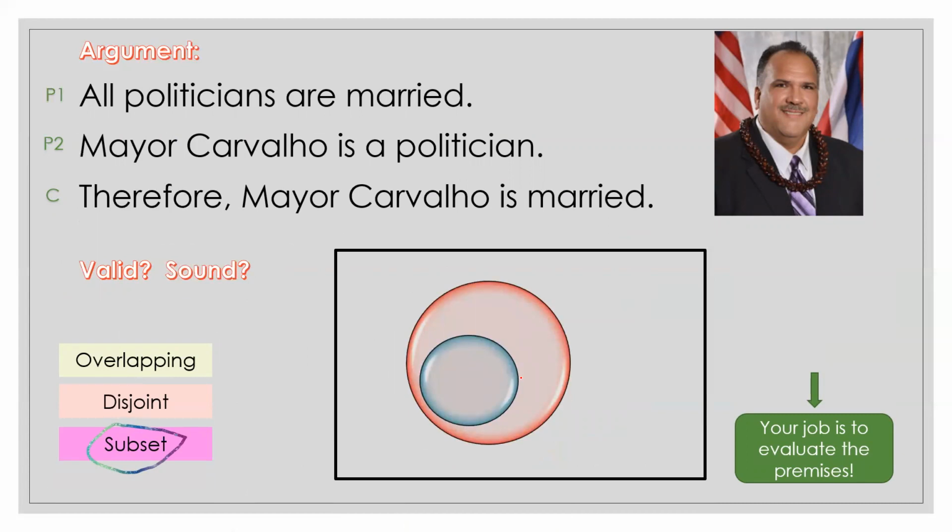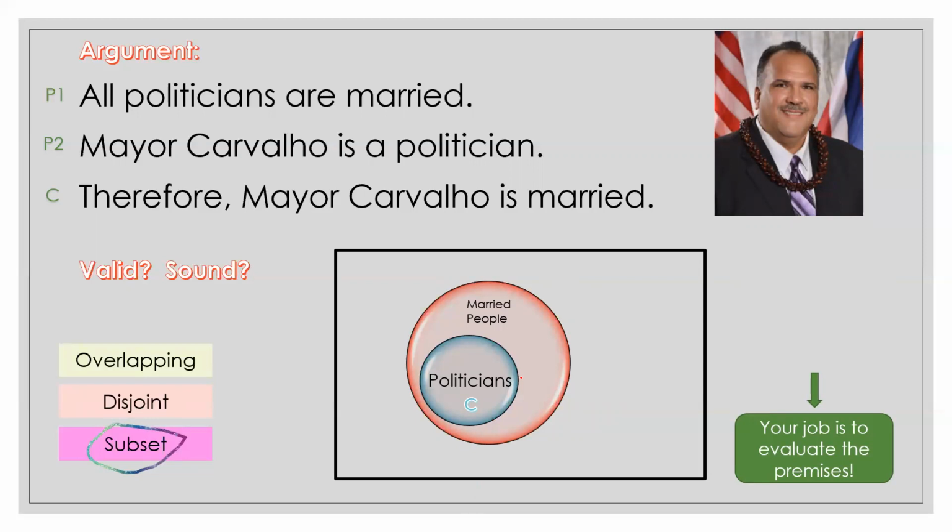Okay, so the interior circle would be all politicians. The outside circle would be all married people. Mayor Cavallo is a politician, so where can he be? Anywhere inside the small blue circle. Could he be placed outside of the blue circle?